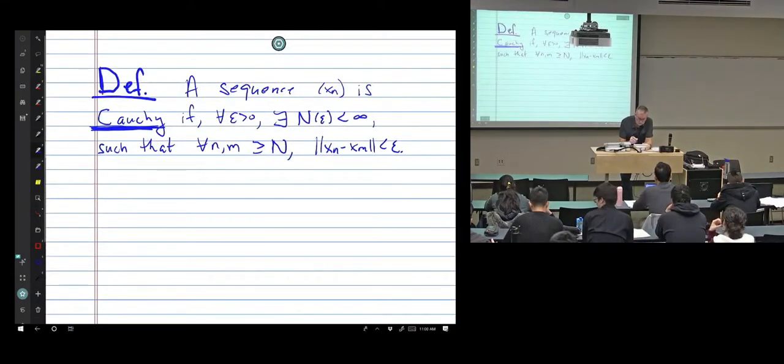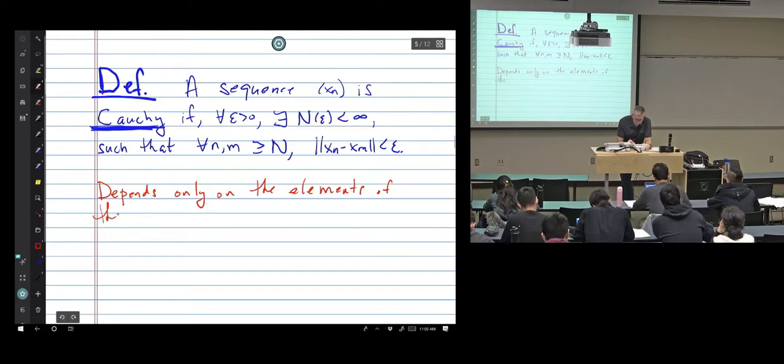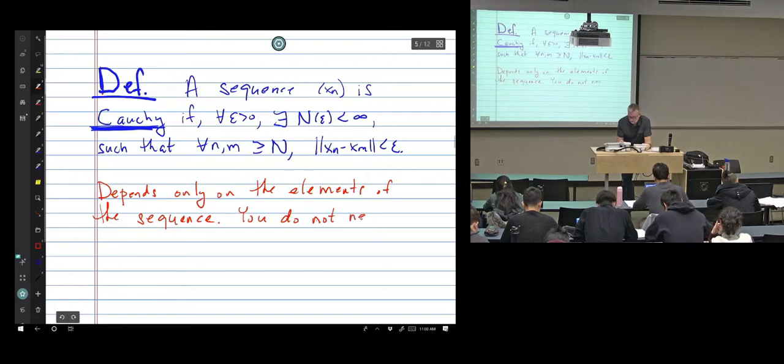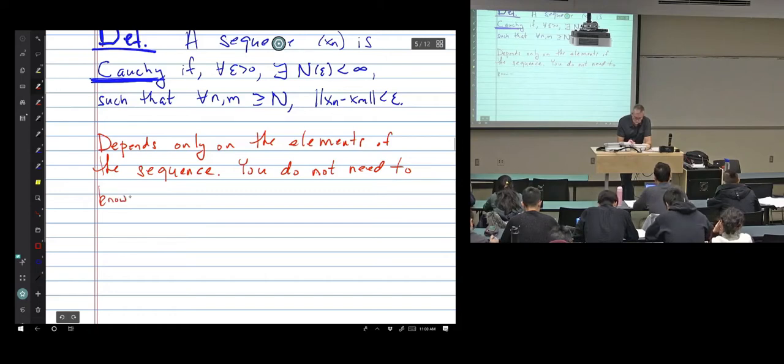So this depends only on the elements of the sequence. You do not need to know, which is really guesswork mostly, a candidate limit point.